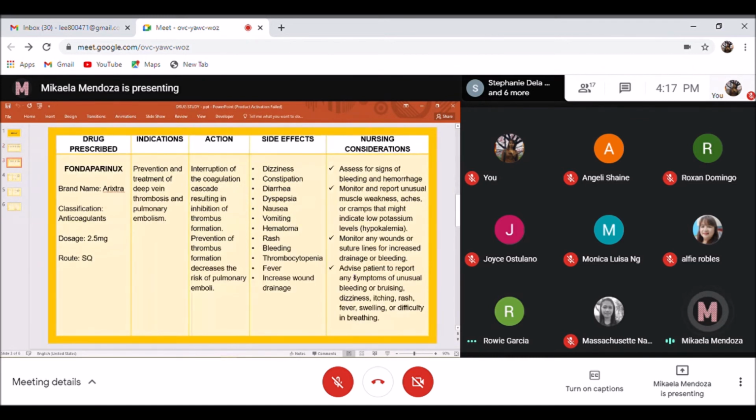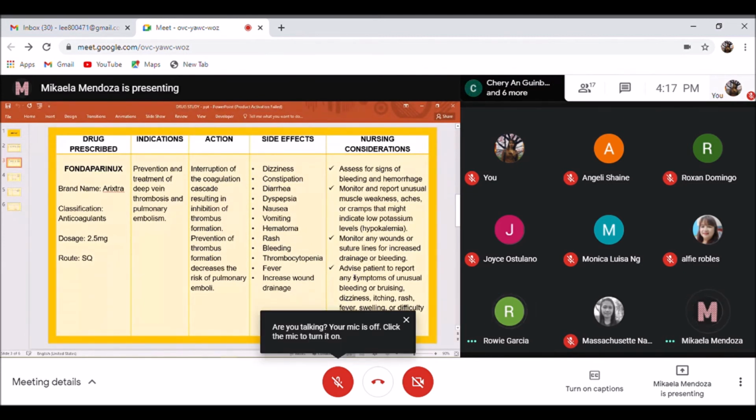Next, we have fondaparinux. Brand used was Arixtra. It is an anticoagulant administered subcutaneously with a dosage of 2.5 milligrams. It is for prevention and treatment of deep vein thrombosis and pulmonary embolism.